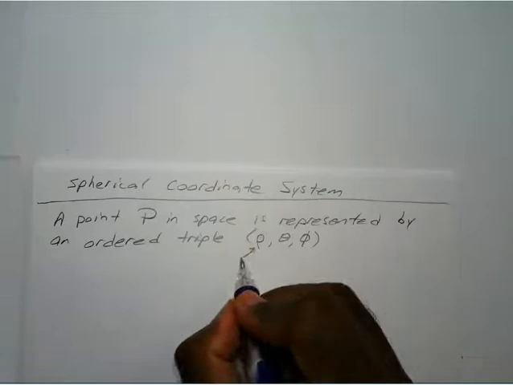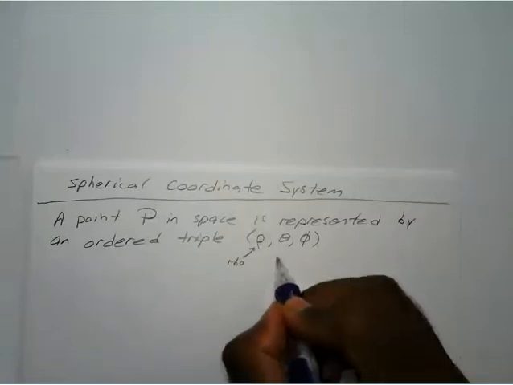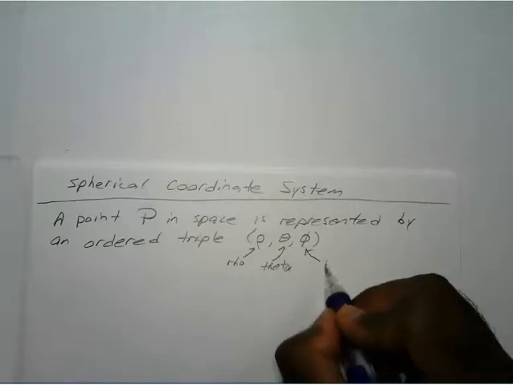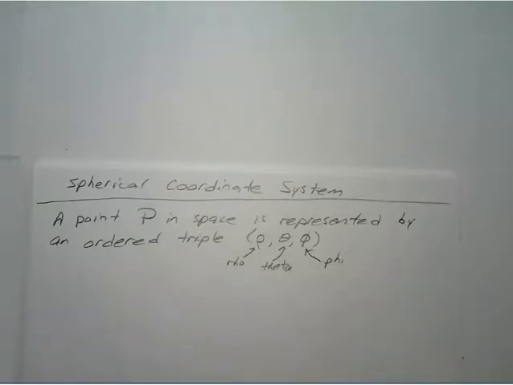Okay, rho kind of looks like a lowercase p. That's your theta, and that is phi.